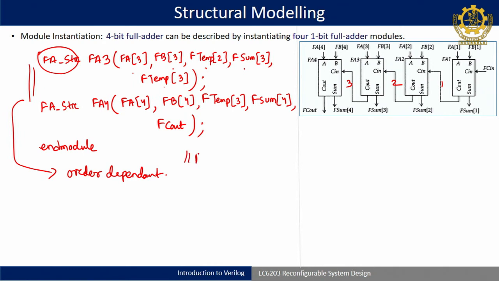This is actually called positional association. Getting it now? Here I am associating by the position I declared in the module, and that is being associated with this. So this is positional association, order dependent. The other one is named association, order independent. So this is called module instantiation.